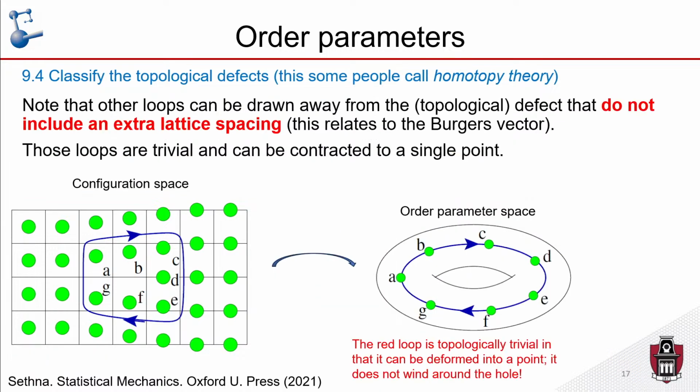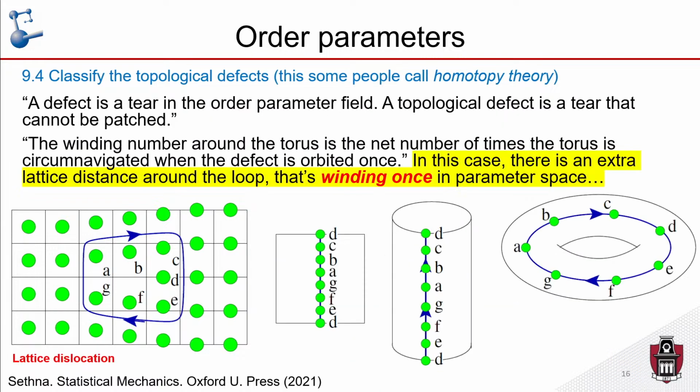So this is how one describes defects and topology on a crystal. This thing here, as you can see, on the left, you have one row of atoms that's missing. That's a dislocation line.